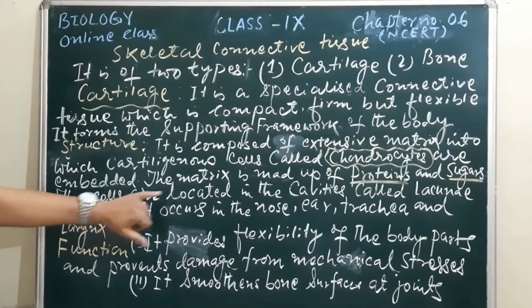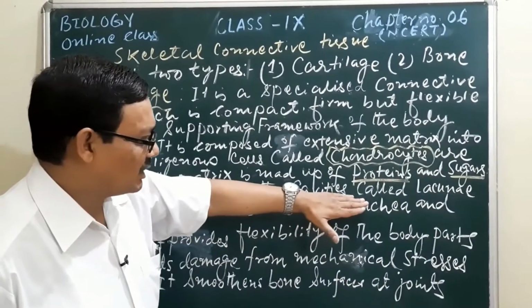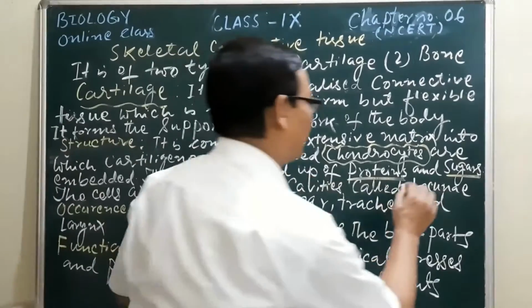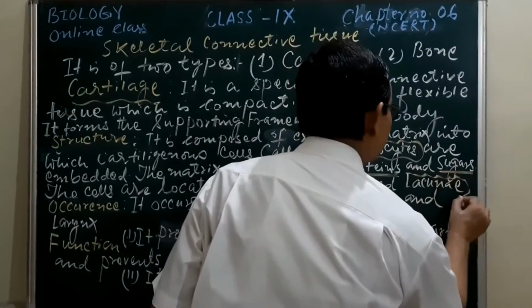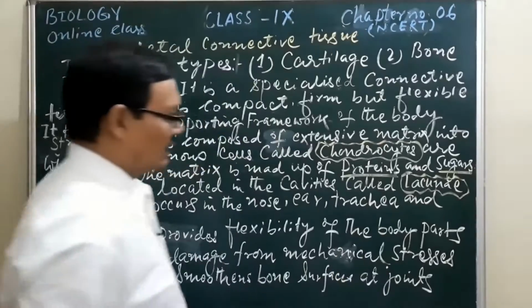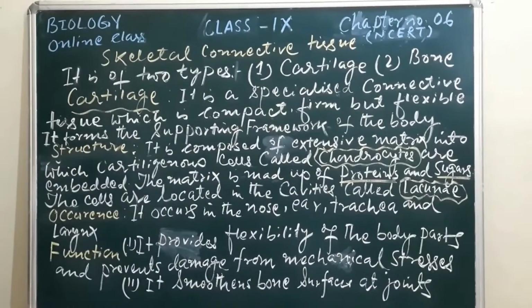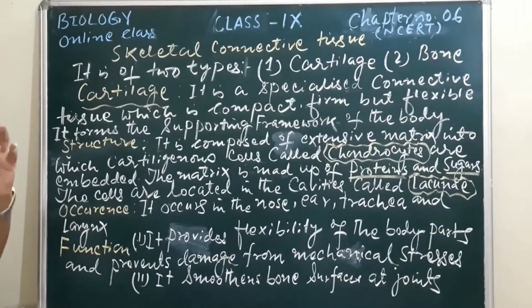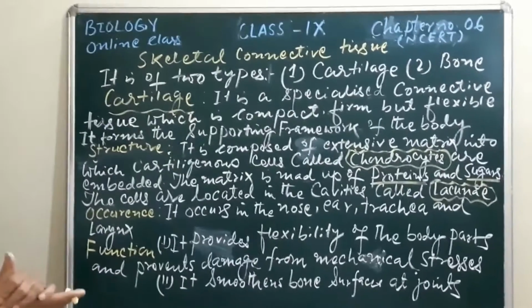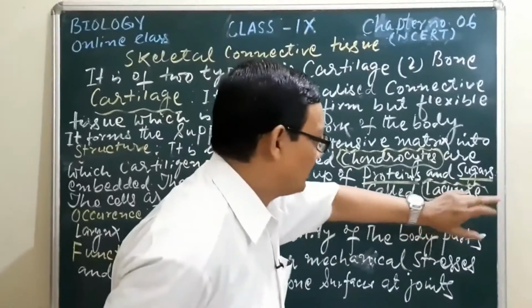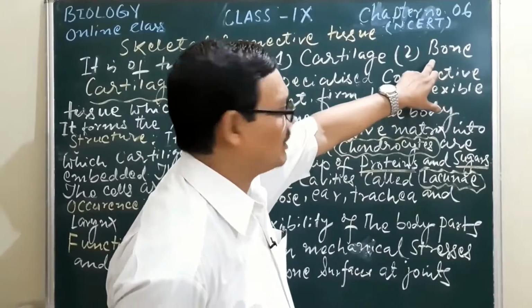The cells are located in cavities called lacunae. Here is one special feature: the cell is located in a separate cavity, that is known as lacunae. It is also present in the case of the bone.